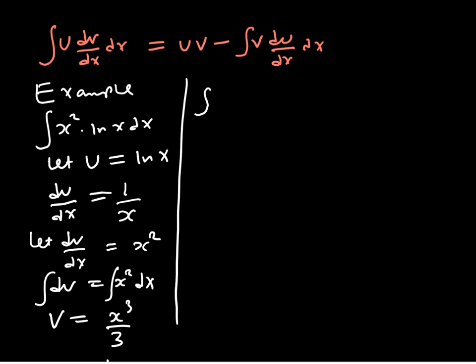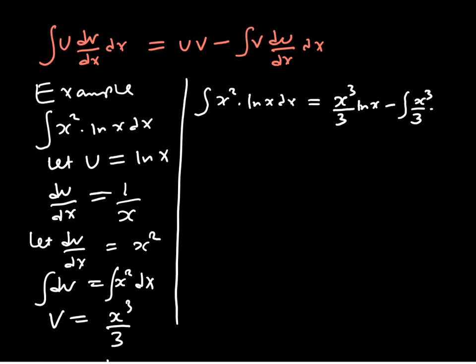So the integral of x squared times natural logarithm of x dx now changes to, let's make the substitutions. u is natural logarithm of x, and v is x cubed over 3. So we have x cubed over 3 times natural logarithm of x minus the integral of v, which is x cubed over 3, times du dx.